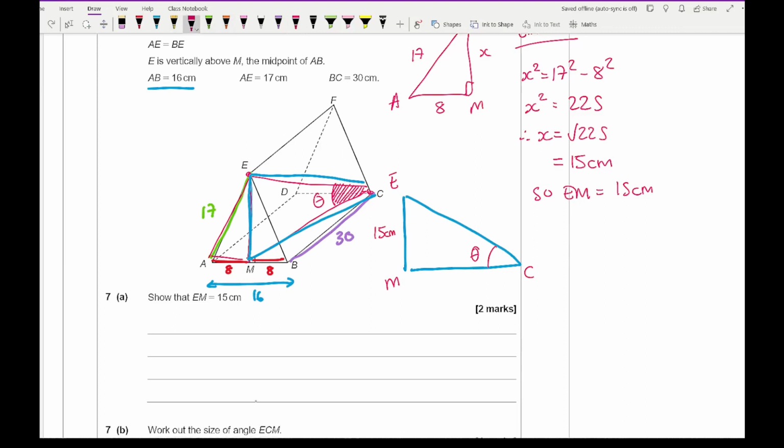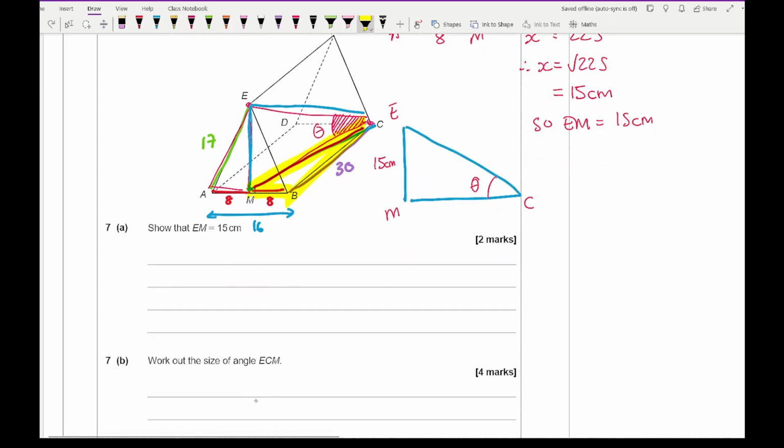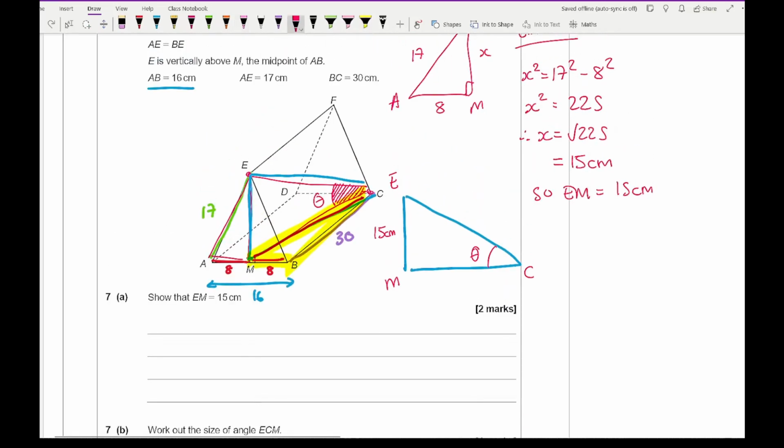Now looking at the base, if I take this triangle out here, and let me use pink, let's just use the highlighter. So if I take this triangle here of MBC, and label that CMB, then looking at the dimensions, this is 30 and this is 8.